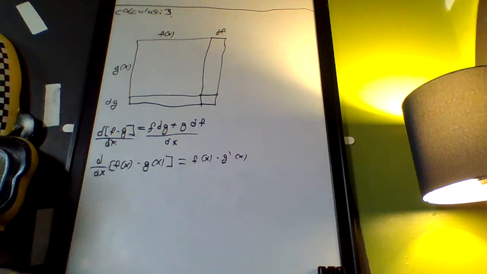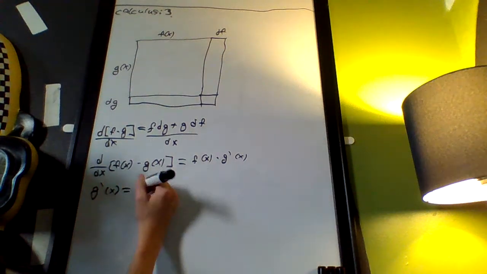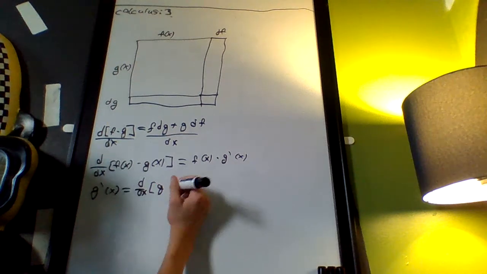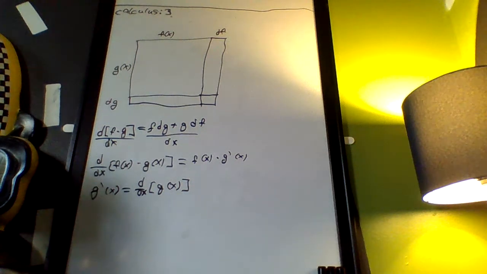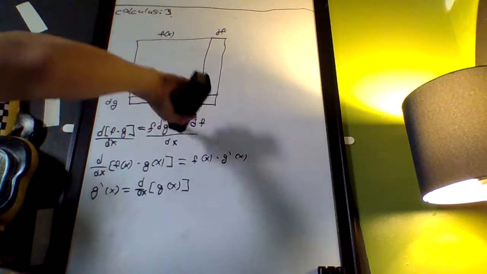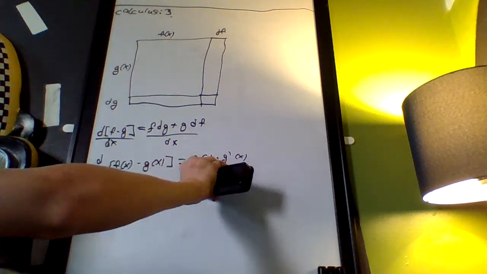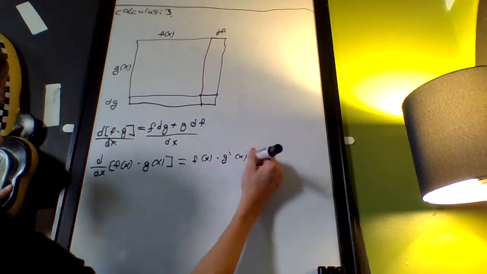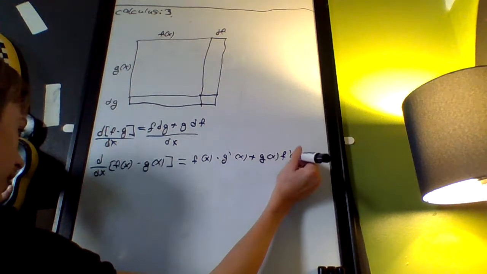What does g prime of x mean? Well, g prime of x is the same thing as the derivative with respect to x of g of x. It's the derivative of g of x when I write g prime of x, right? Because if I'm dividing by dx, I have dg over dx, right? Make sense? So now, plus g of x times f prime of x.